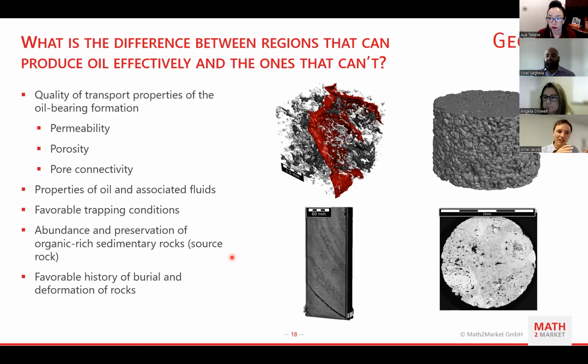If I know that I have a very good resolved image of my structure, I would say, okay, go for it and be confident about the results digital rock physics gives you.